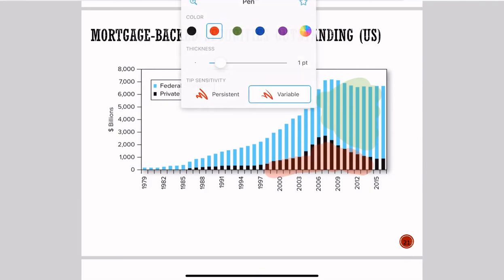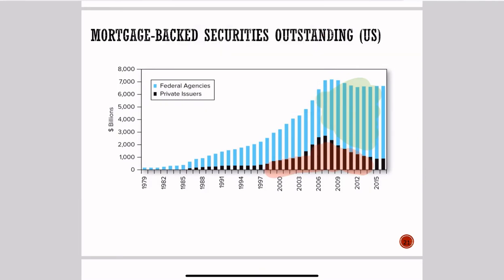And one thing you could also see is that the issuance of MBSs reached its peak right before 2008, right? And then after this 2008 crisis, you can see that MBSs became less popular.